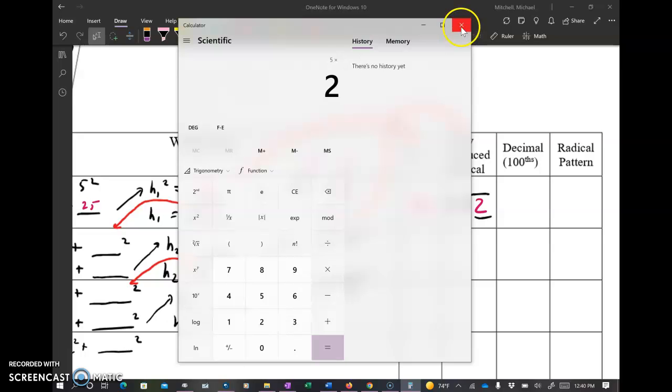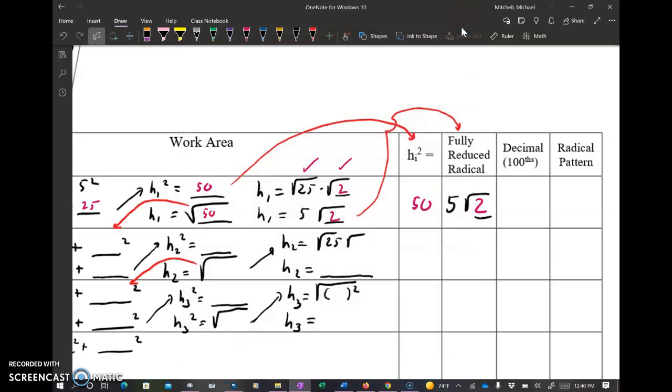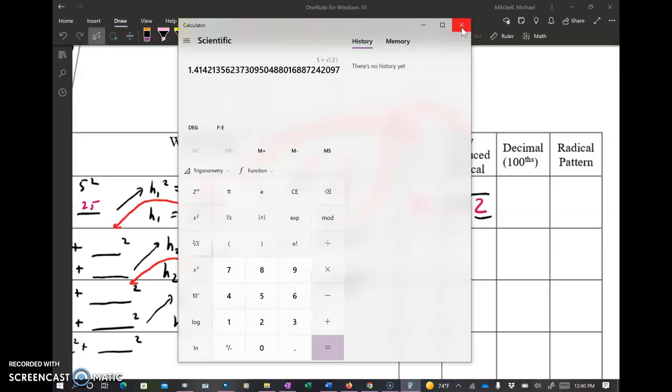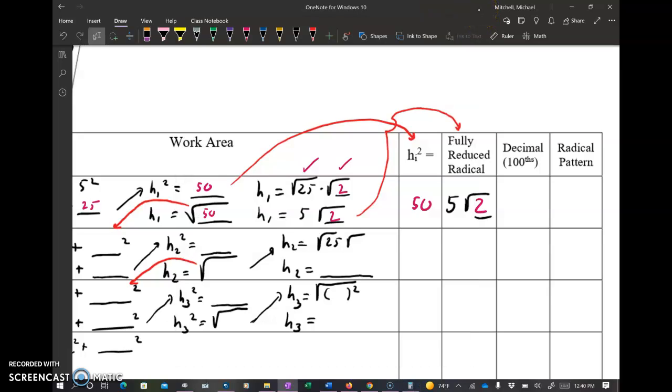That's not working right. 5 times 2. That's still not hitting it right. 5 times 2 square root. There we go. 7.071 is what we get there. So that's 7.07.